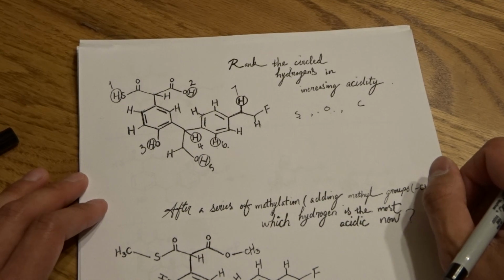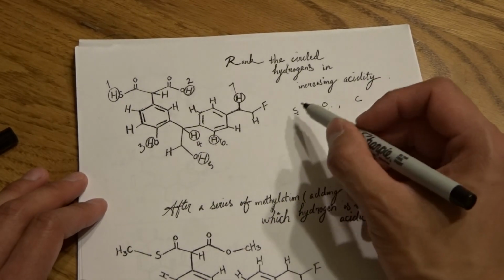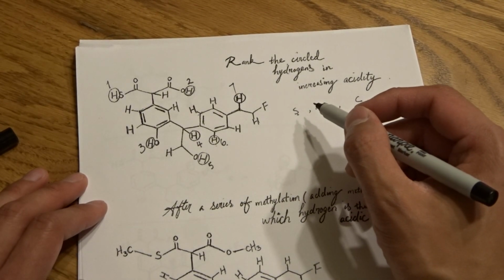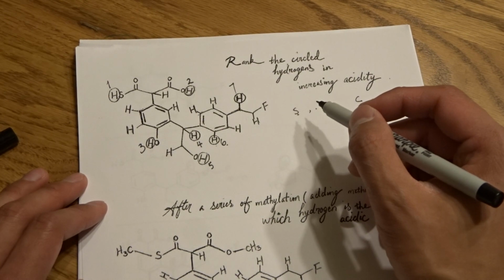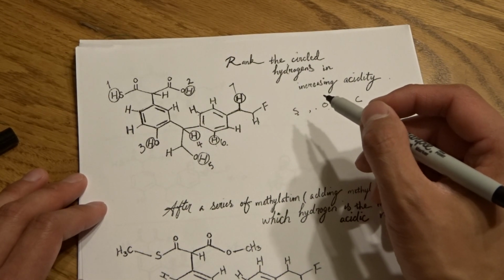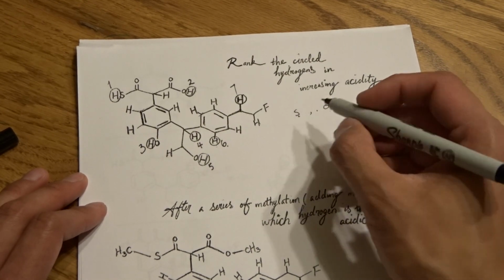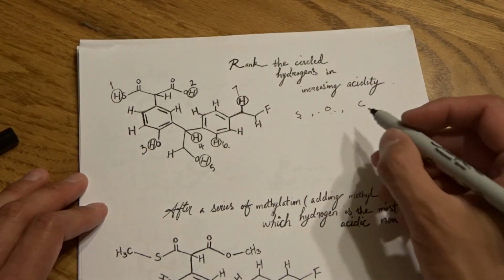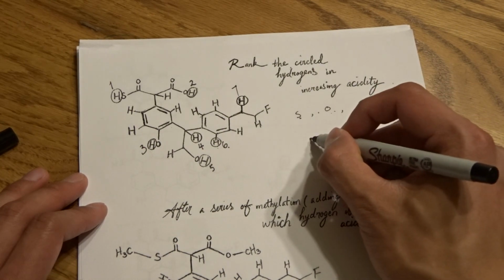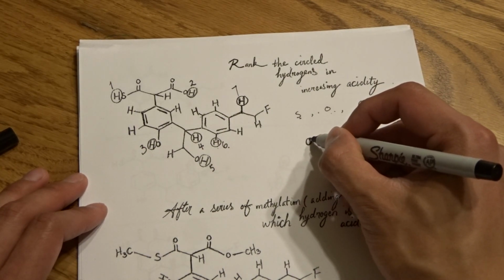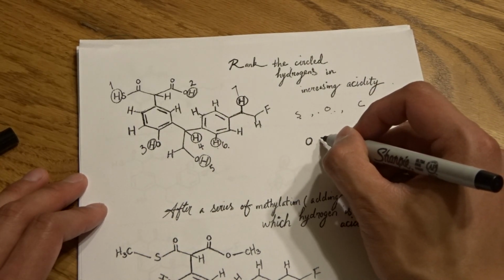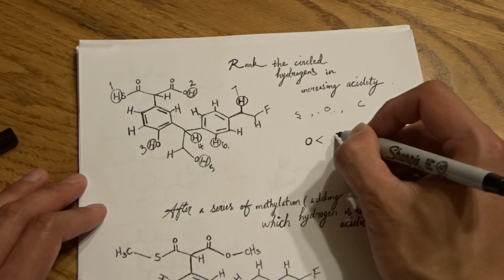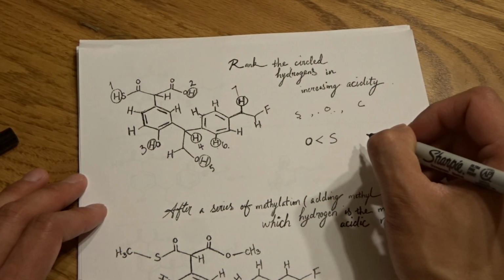Okay? See how that terminology is. There may be some confusion here and there, but the more stable the base is, the more acidic its conjugate acid is, okay? So I asked you guys to rank them in increasing acidity. So the hydrogen on the oxygen would be less acidic than the hydrogen on the sulfur, okay?